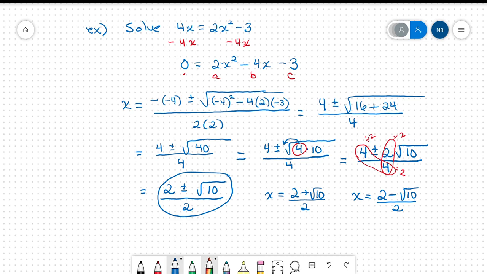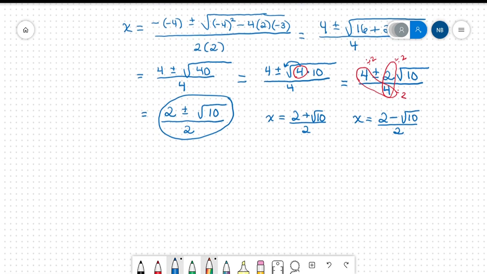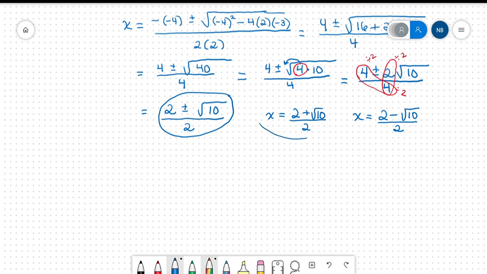One more comment about the simplification I just did. You can't divide 2 out of 10 because there isn't a factor of 2 in root 10. Okay, so the root sort of protects it from the simplification. These are the exact value answers.